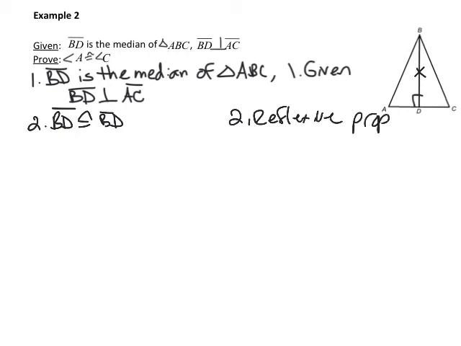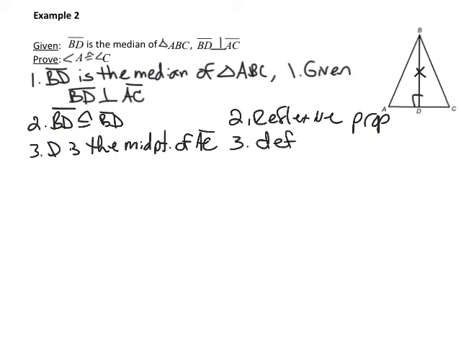Okay, now let's use what we did for a median. We're going to say that D is the midpoint of AC. And to use that, we can just say definition of a median, or a median is drawn to the midpoint. Either way is fine. Definition of median.